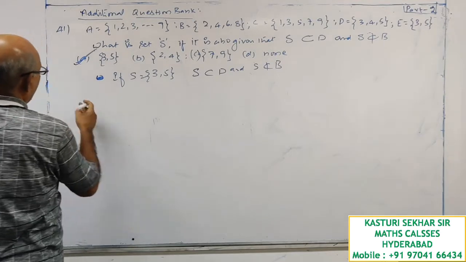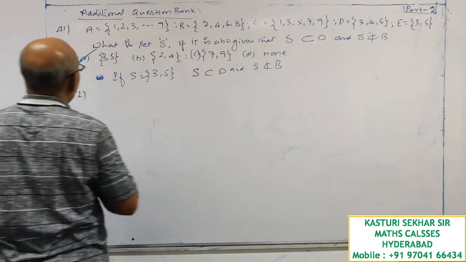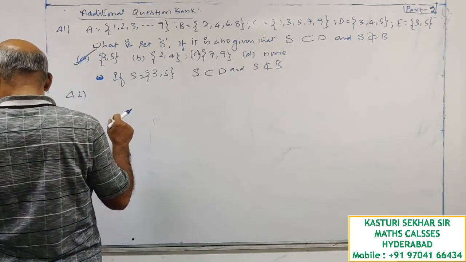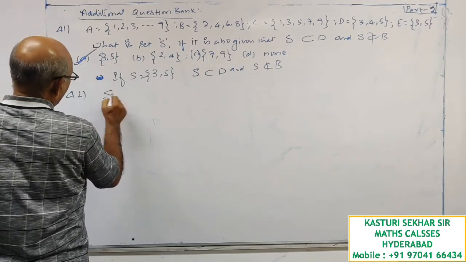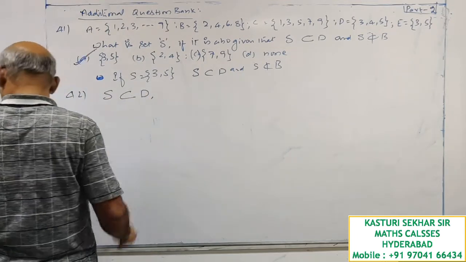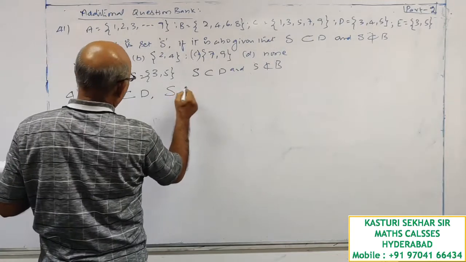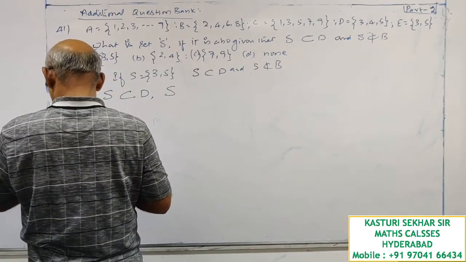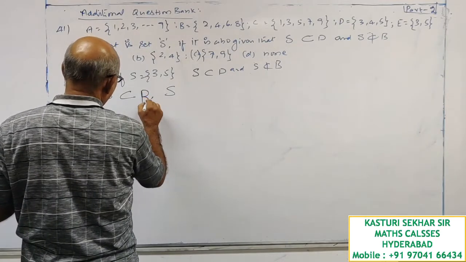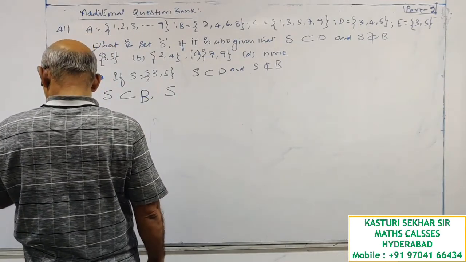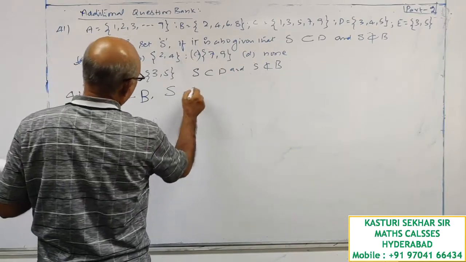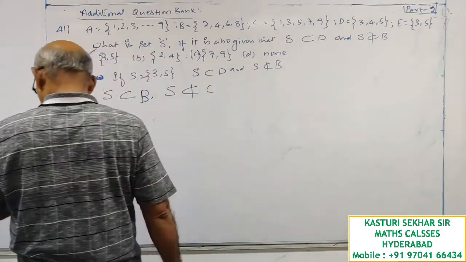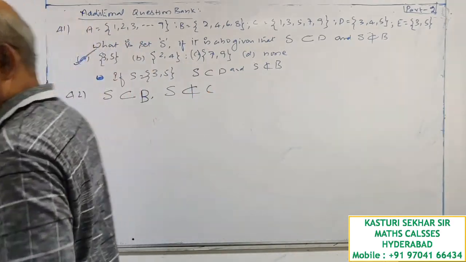Now look at the 42nd question. The information is the same, but the conditions are changed. S is a proper subset of B and S is not a proper subset of C. The options are also the same.